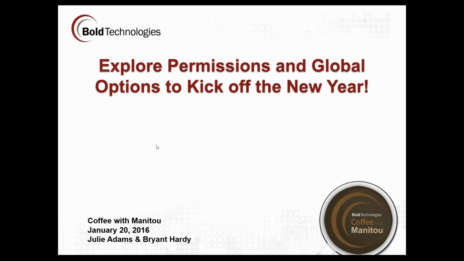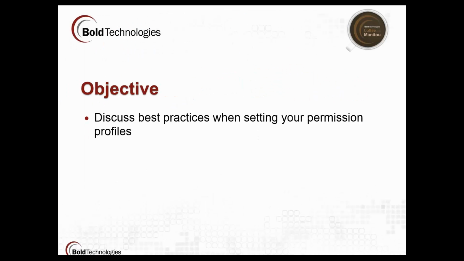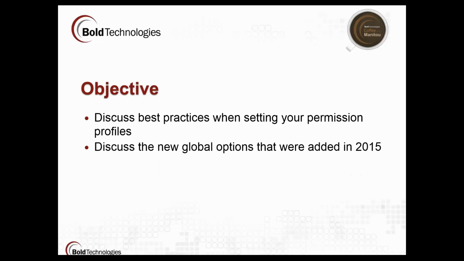All right, so first of all, I want to discuss what the objectives are today. First of all, we want to discuss the best practices when setting your permission profiles. We want to look at the new global options that were added in 2015. I'm going to highlight a few of them.